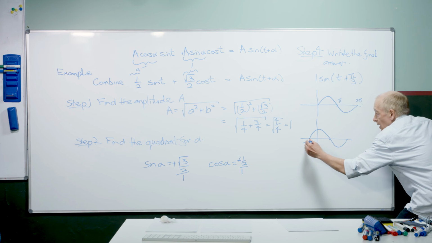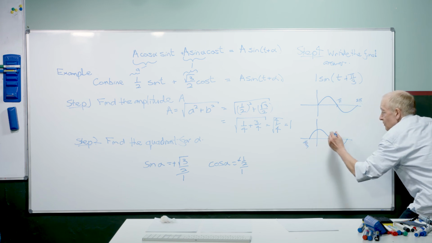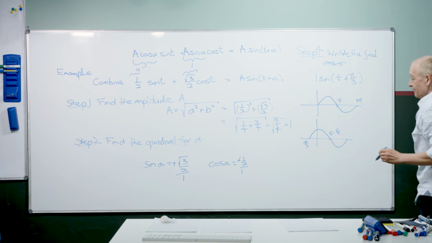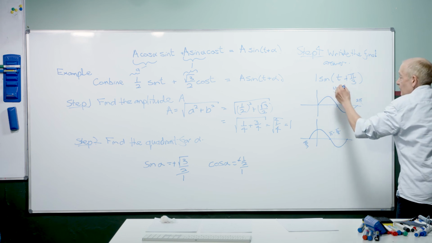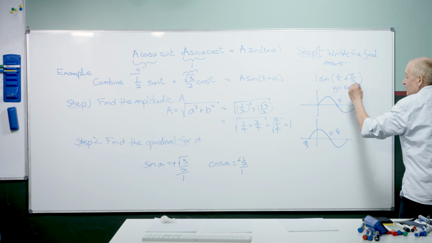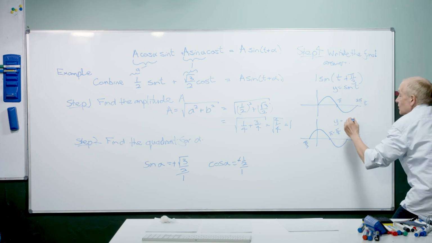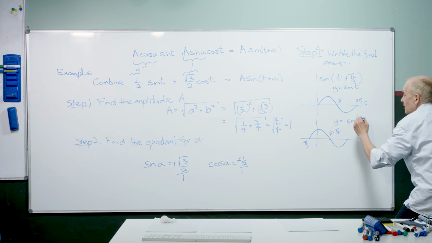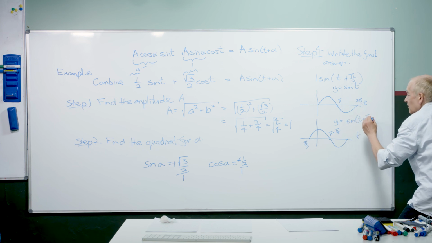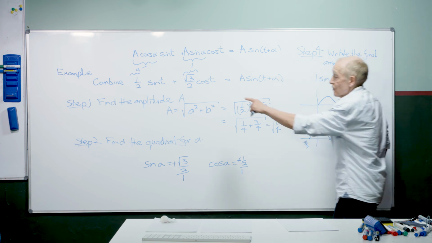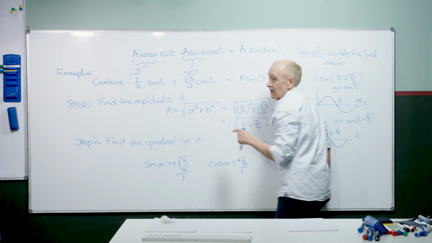So this will be minus pi on 3, this will be pi minus pi on 3, etc. This is y is equal to sine of t. This is y is equal to sine of t plus pi on 3. And that is much simpler to plot than trying to plot these two graphs together.